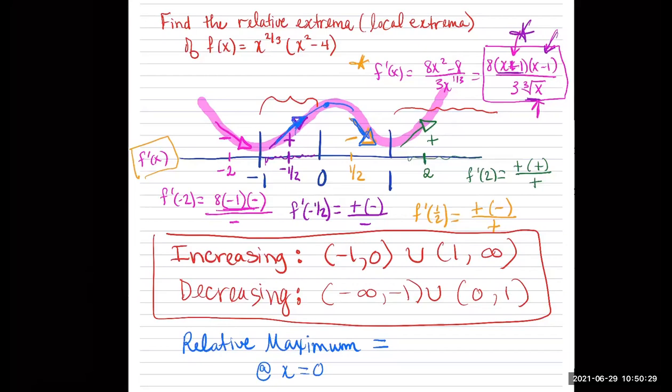So what do I have to do to get the y coordinate if I know x is 0? Yeah, plug it in. Exactly, Jamie. Where do I plug it in? I plug it into which function? Notice we have a derivative up there and we have our original function f. Which one do we use when we want to find the y coordinate?